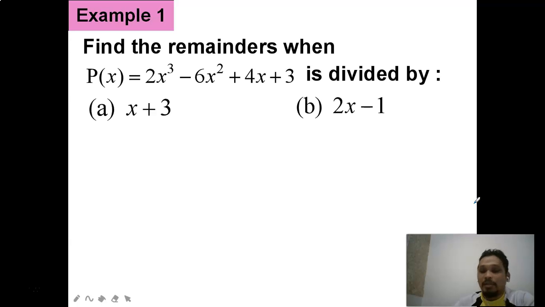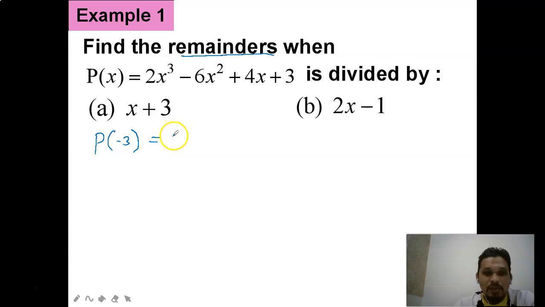From the definition, we're going to find the remainder when the polynomial is divided by this one here. So from the factor x plus 3, x equals negative 3.